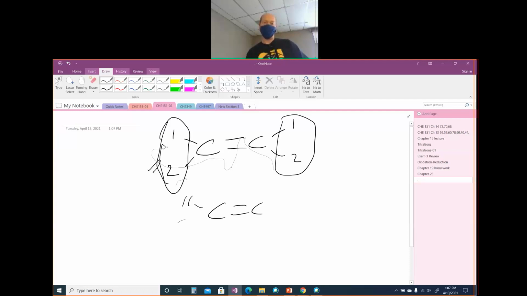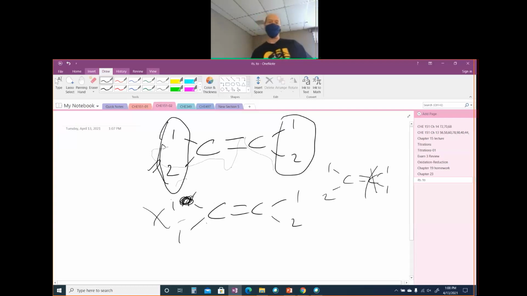If you have a double bond, whatever, this is 1 and 2, but the other side is 1 and 1, you cannot have cis and trans. If you have the same group on one of the carbons of the double bond, there's no cis-trans. You have to have different things on the left. You have to have different things on the right.